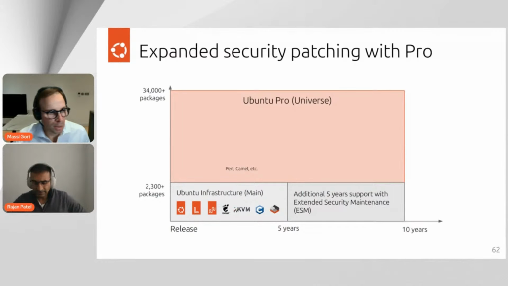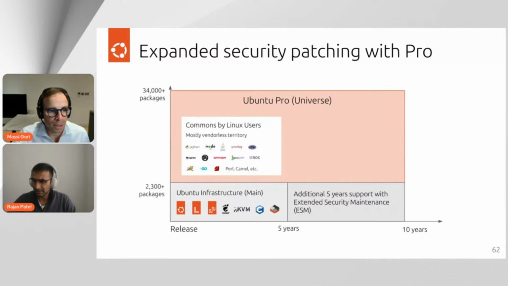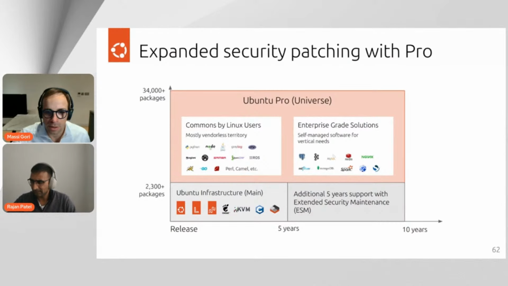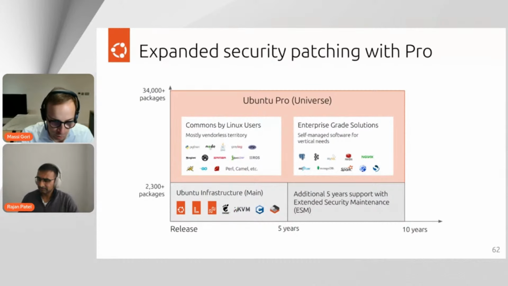Yeah, I think that if you keep on clicking to complete the animation, you will see that we have a combination of traditional packages that you would use on Linux. We cover all the programming services.